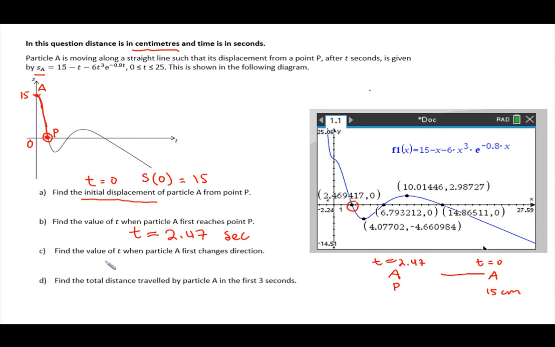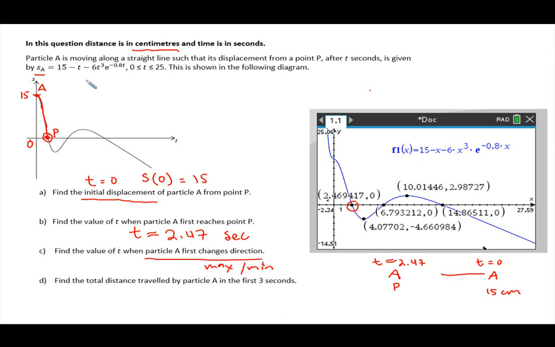C: find the value of t when particle A first changes direction. When you're looking at a displacement graph, the particle changes direction whenever there's a maximum or a minimum. That's where it changes direction.